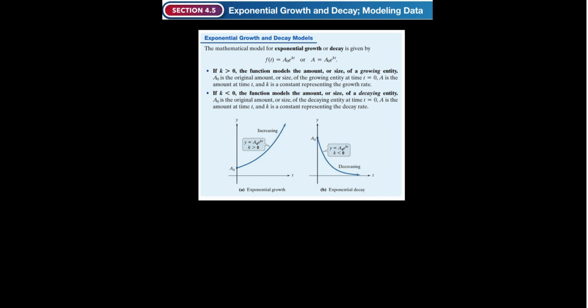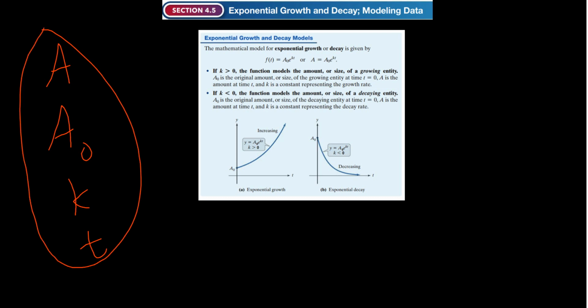Now, the value k is just going to be some constant. In most of these equations, you are going to have to find what k is, and it's simple arithmetic to get k. If we look at this, we have A naught, k, and t.